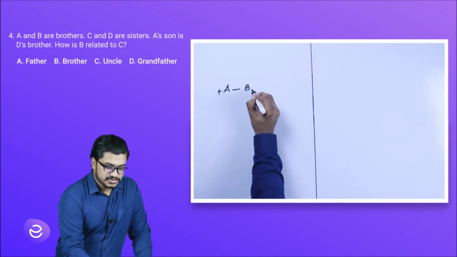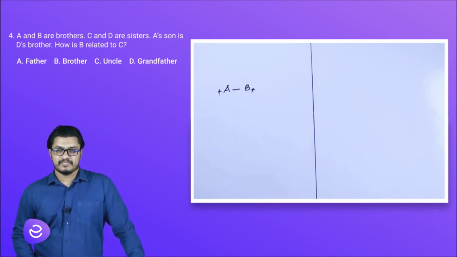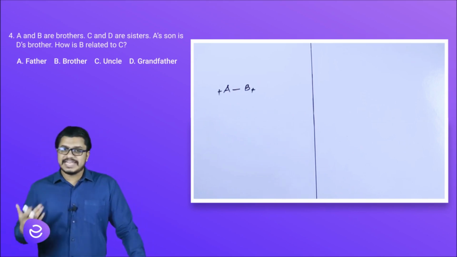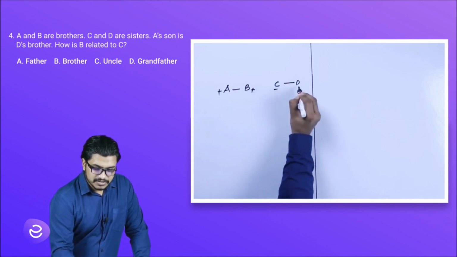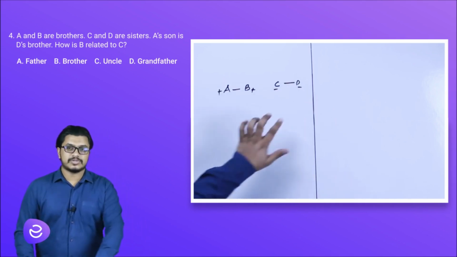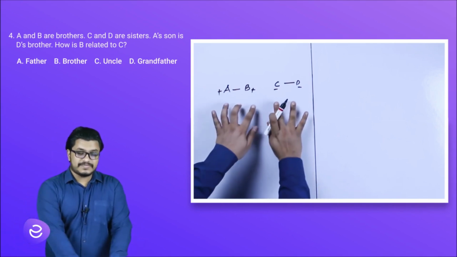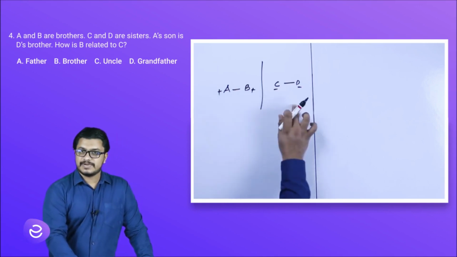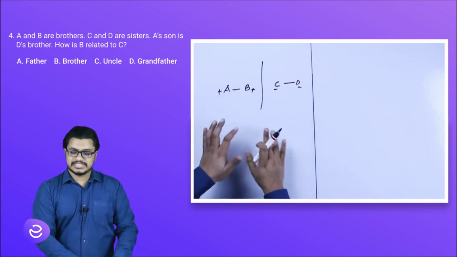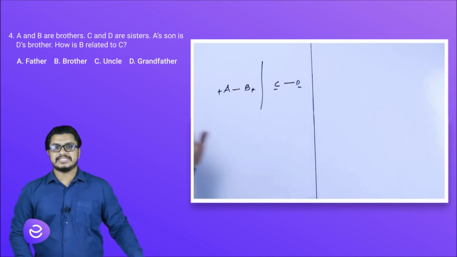Both of them are male. Now the next sentence says C and D are sisters, so both of them are female. These two diagrams are separate, so don't connect them right now. Right now they are just saying that A and B are brothers, C and D are sisters.